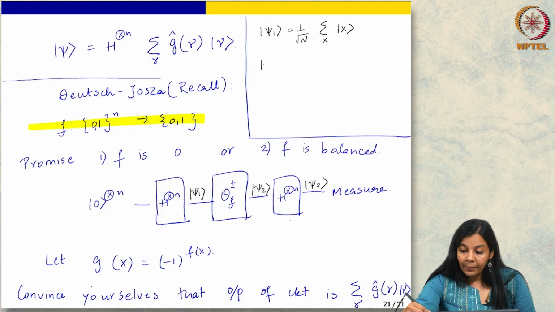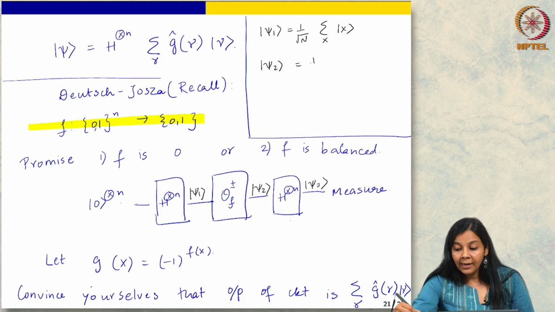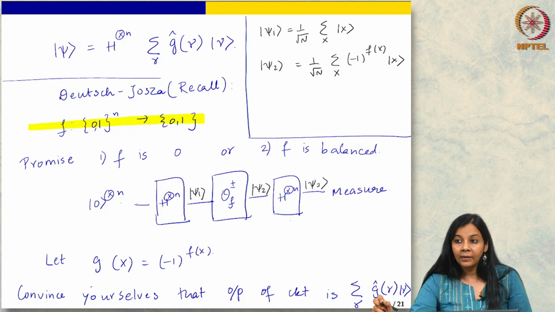Now I will apply the function. So what will I get? I am applying the oracle, so I will get 1 over root of 2 to the n, summation over x of minus 1 to the f of x. Everyone agrees.